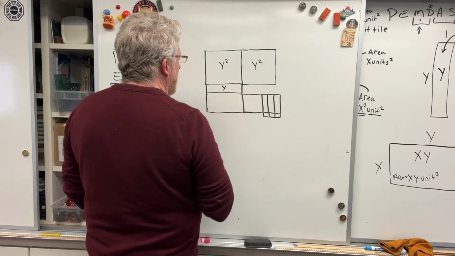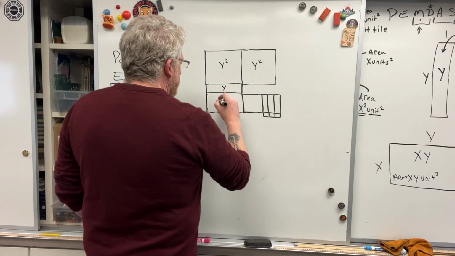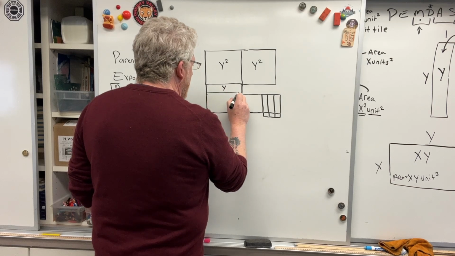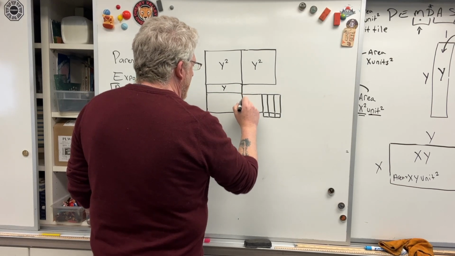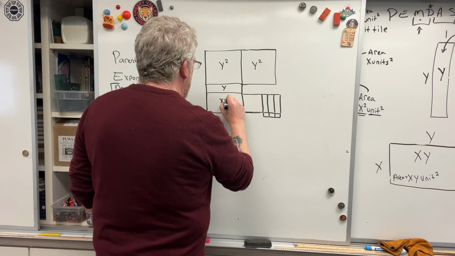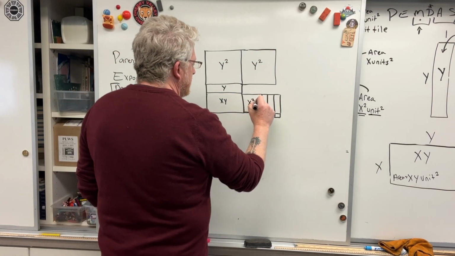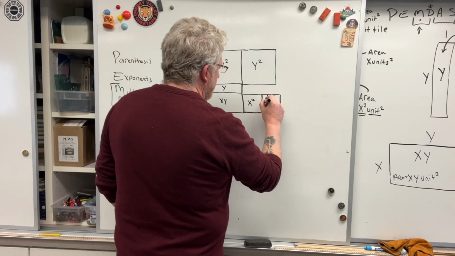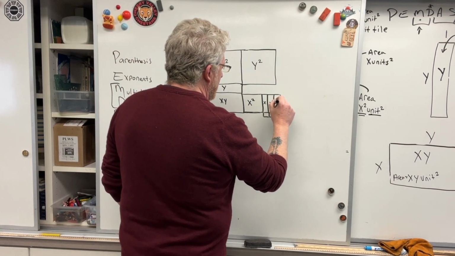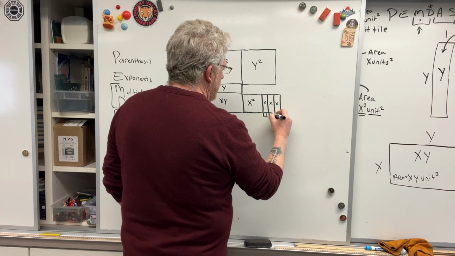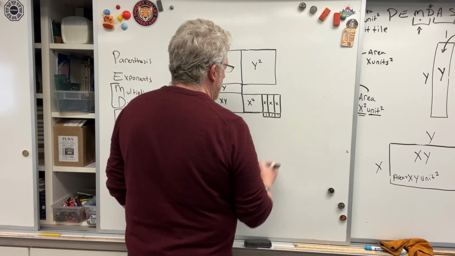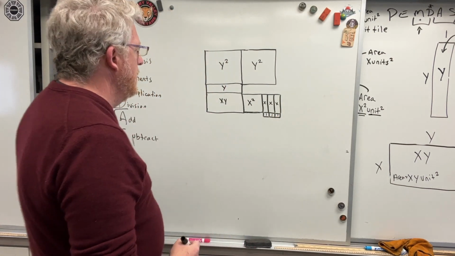But that's a y tile, that was my intent. This is a length of y and a width of x, so this is our xy tile. This is our x-squared tile. And we have an x tile, an x tile, an x tile, and a 1 unit tile, 1 unit tile, and 1 unit tile. All right?